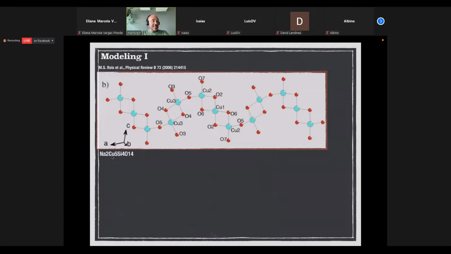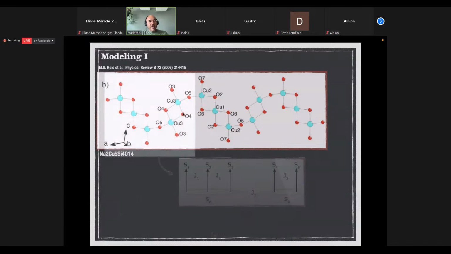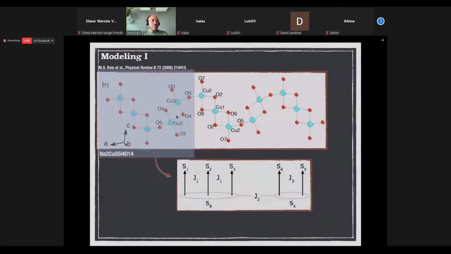For this case, it's a d9 electronic configuration. It has spin one half. And you can see here, this zigzag chain has a minor block. This minor block is a trimer, dimer, etc. And then we can produce a model considering only this dimer and trimer.